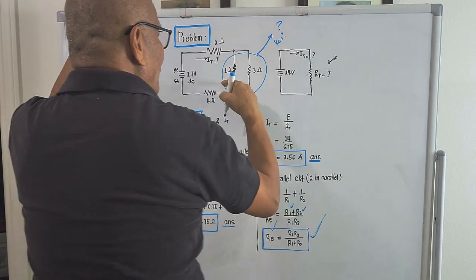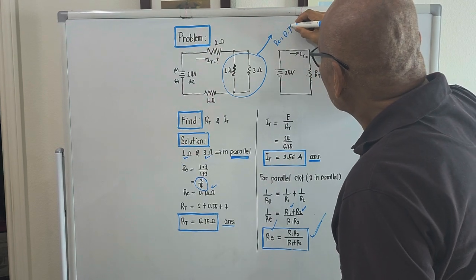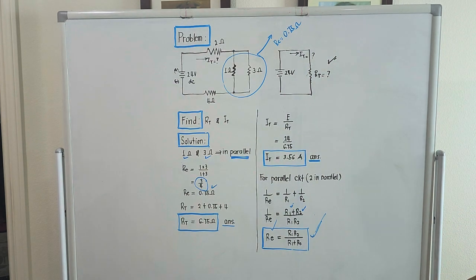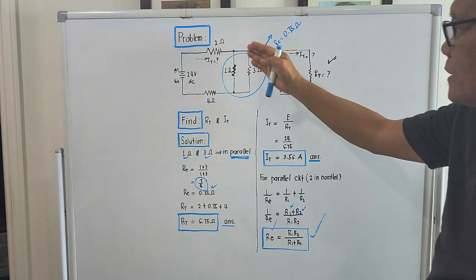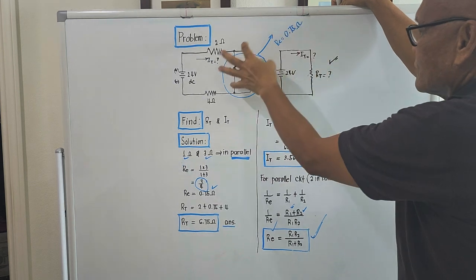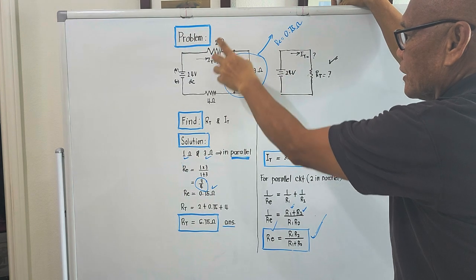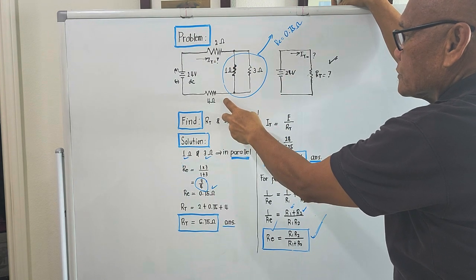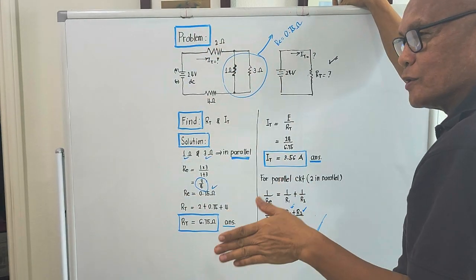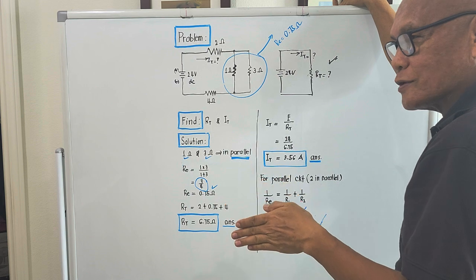So the single equivalent of 1 and 3 will be equal to 0.75 ohm. Okay? To compute for the total resistance now, this 0.75, the single equivalent of this one, is in series with this 2 ohm here, and so with this 4 ohm. So we will be using the concept of series connection, which for a series connection, the total resistance will be the summation of the individual resistances.